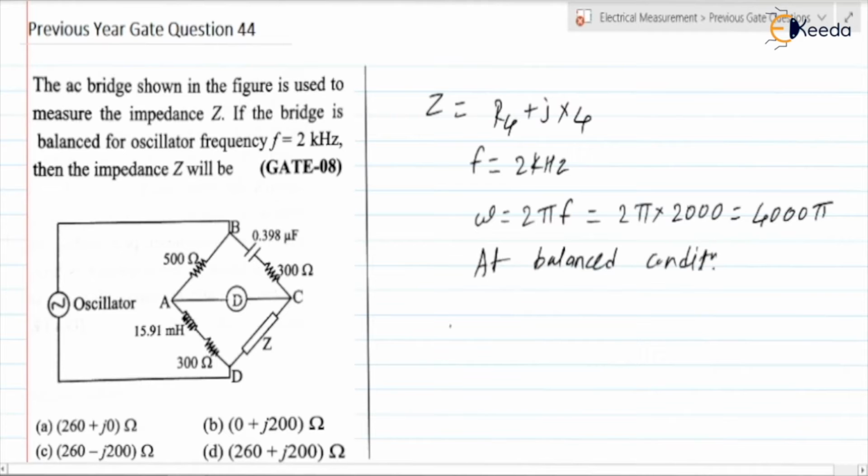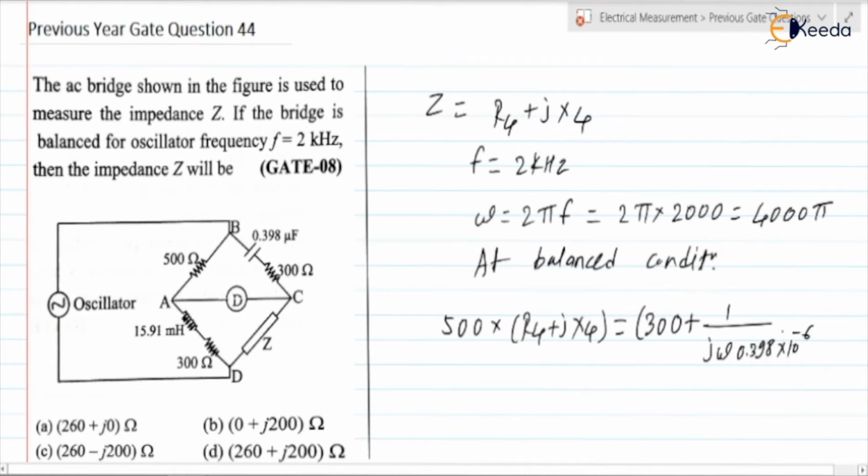let us write 500 into R4 plus jX4 is equal to, yes, this is 300 plus, the capacitor value is in microfarad, so it is 1 upon j into omega into C, that is 0.398 into 10 to the power minus 6.